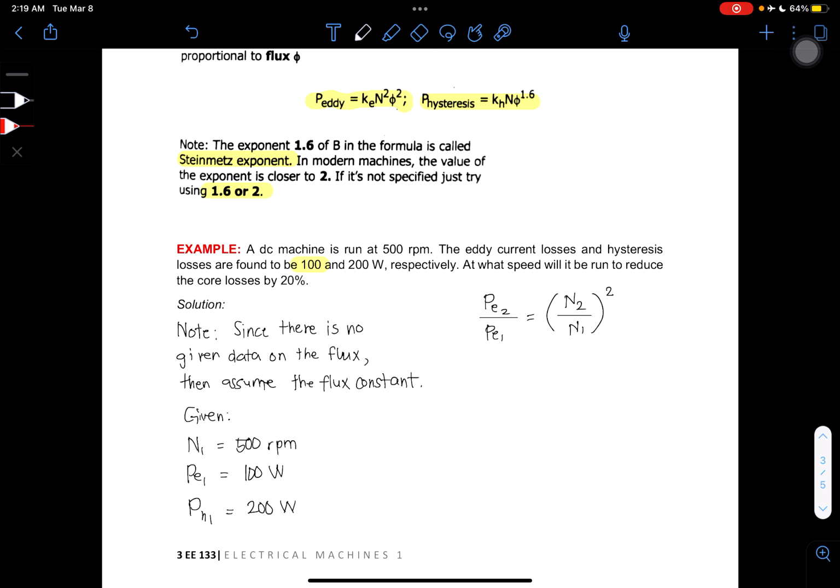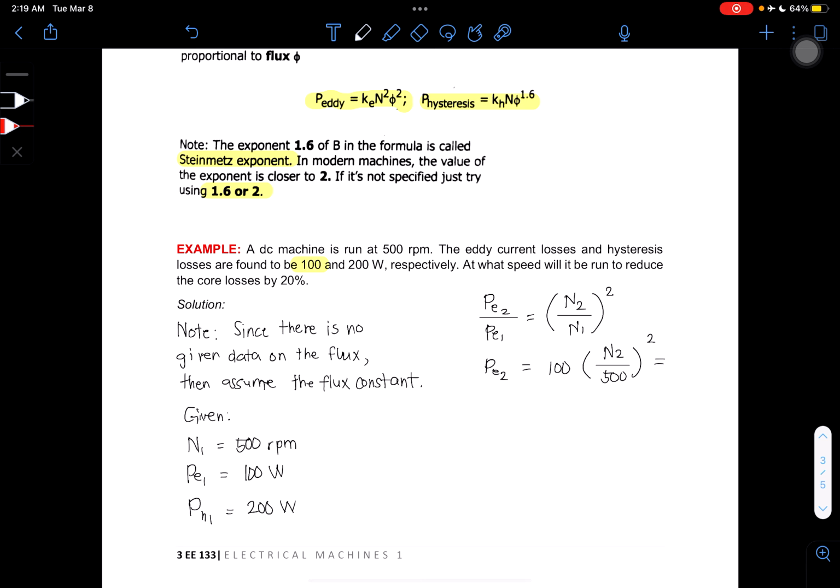So to solve for our eddy current for number 2, substitute. So 100, wala tayo N2, unknown pod, divided by 500 squared.